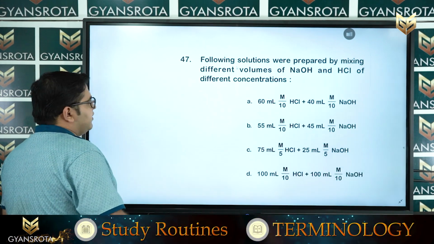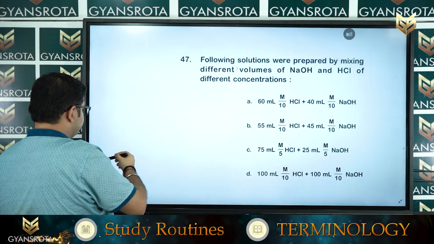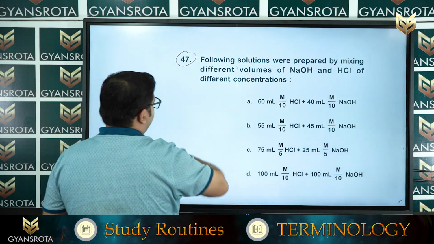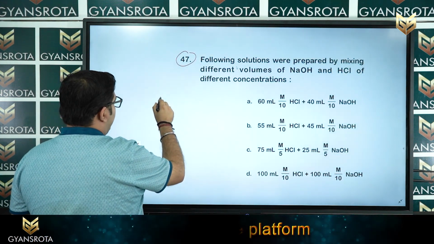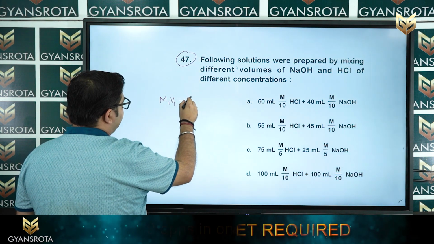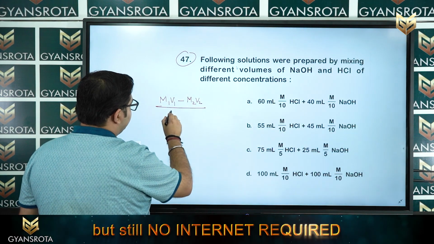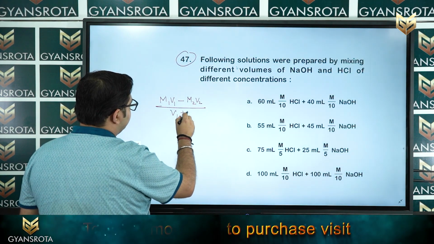In this question number 47, we are going to use one formula, that is M1V1 minus M2V2 divided by V1 plus V2.